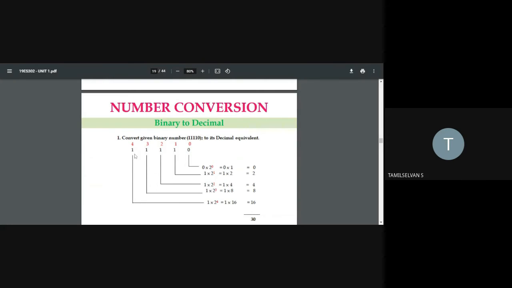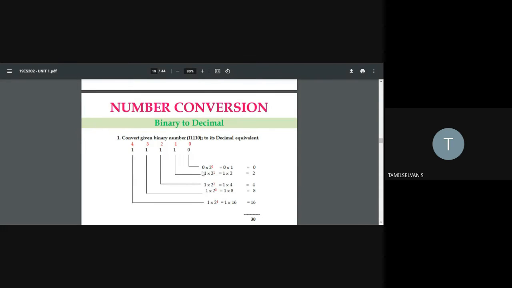First I separate the binary number into its digits. This place is 2 power 0, this is 2 power 1, this is 2 power 2, this is 2 power 3, and this is 2 power 4. In basic mathematics, 2 power 0 is equal to 1.